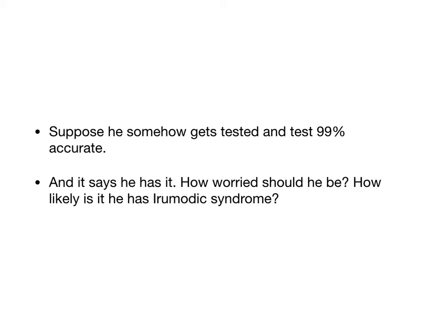Test is 99% accurate, by which I mean 99% of the time when it says you have the disease, you have the disease. In 99 cases where it says you have it, you have it. In one case out of 100, it gives a false positive. The person doesn't really have the disease.